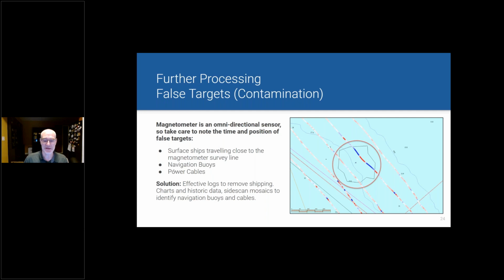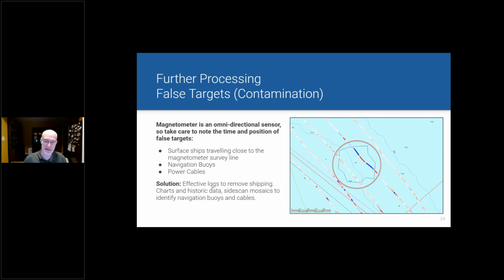Mooring lines or power cables or any of those things on the seabed are going to trigger problems with your magnetometer lines. And so the most effective thing you can do is just have good logs. You need to be actively looking around while you're collecting data and making notes about what is happening on the surface.